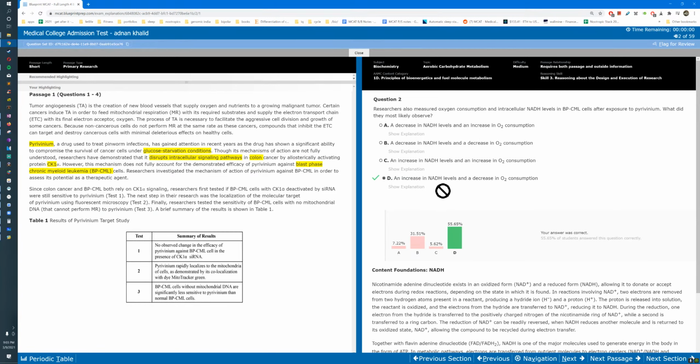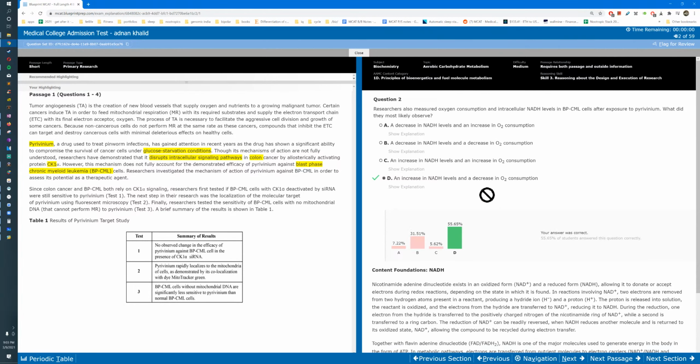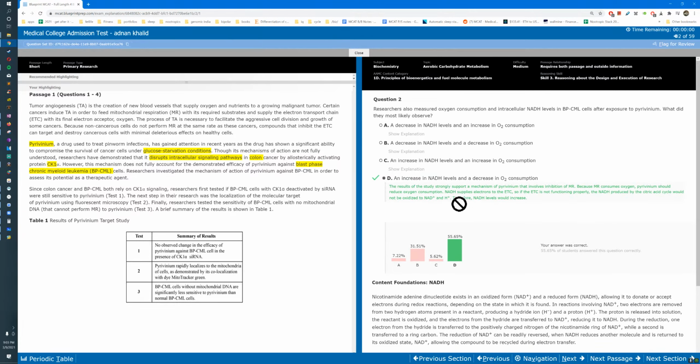And you're going to have an excess amount of NADH. So, yeah. They have the details of how the NADH supplies electrons specifically to the ETC. I mean, that's the ultimate place that it goes. So that's why this is this answer.